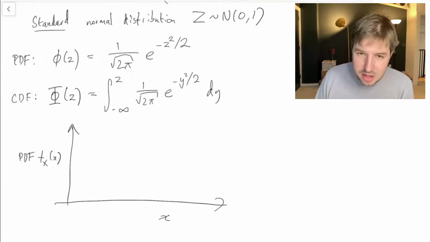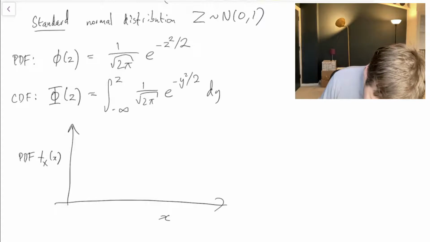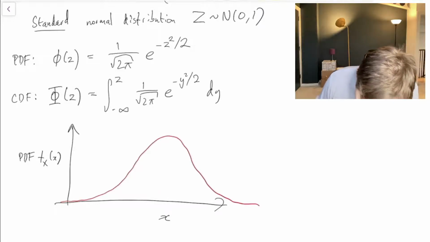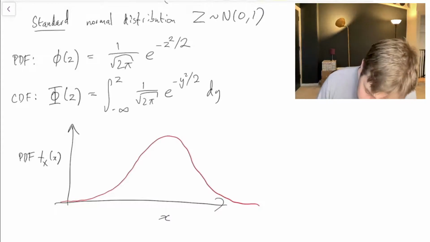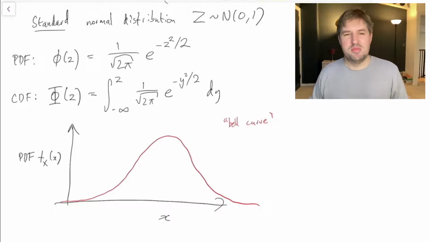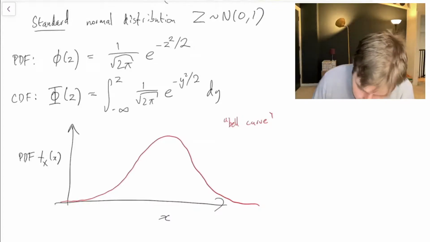Now, my personal opinion is that the bell curve doesn't actually really look like a bell, but nonetheless, it's kind of this thing, sometimes called the bell curve. I think it's meant to look like a church bell, but I don't really think it does.